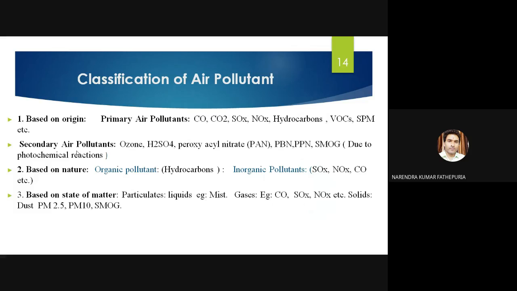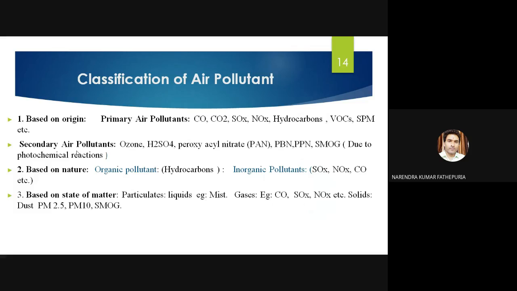These are complex chains of hydrocarbons, carbon, and hydrogen molecules coming from the source, and then various volatile organic compounds. They are types of hydrocarbons only, and suspended particulate matter is also part of the primary air pollutants.